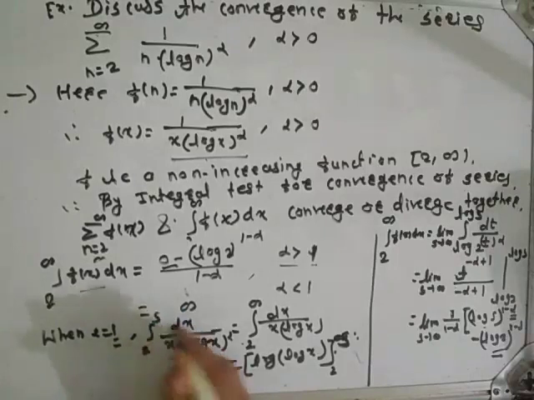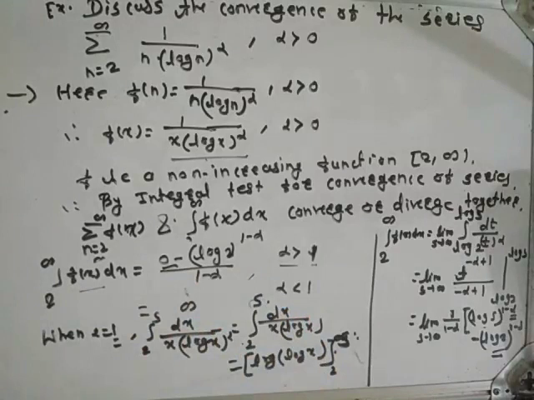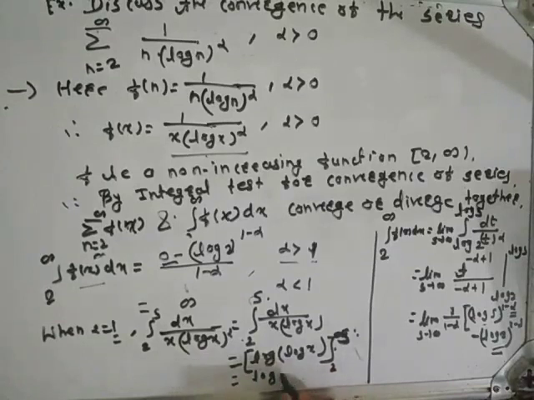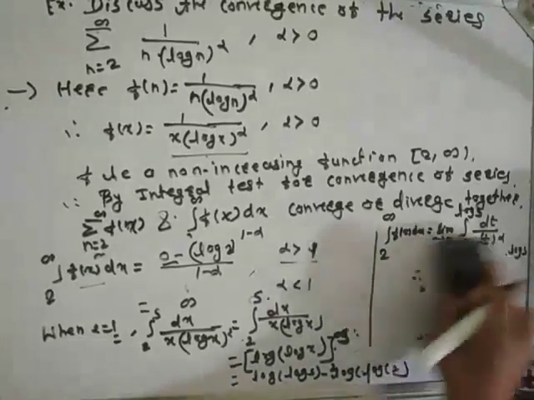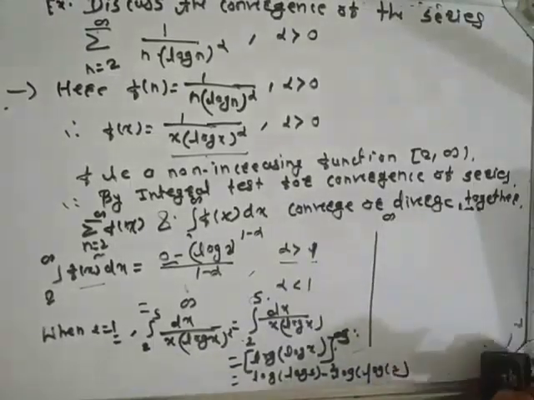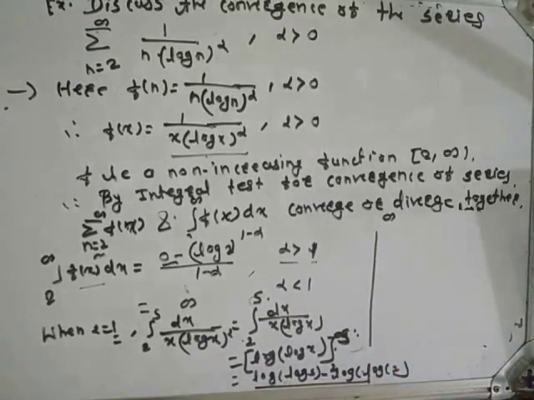If we put the upper and lower limits, this will become log of log s minus log of log 2. As s tends to infinity, the value of this integral is equal to infinity.